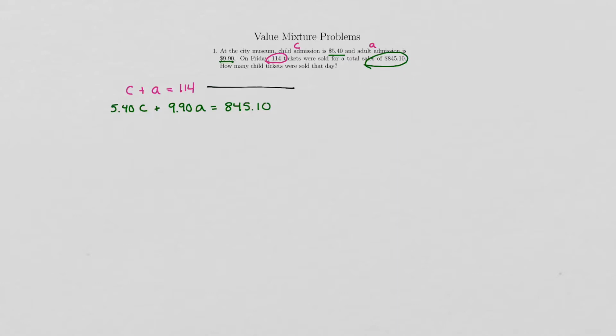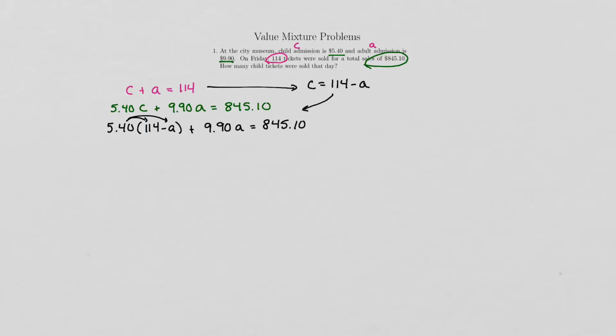I'm going to take the first equation and solve it for C. So C is going to be 114 minus A. Then I'm going to plug that into the second equation: 5.40 times (114 minus A) plus 9.90A equals 845.10.